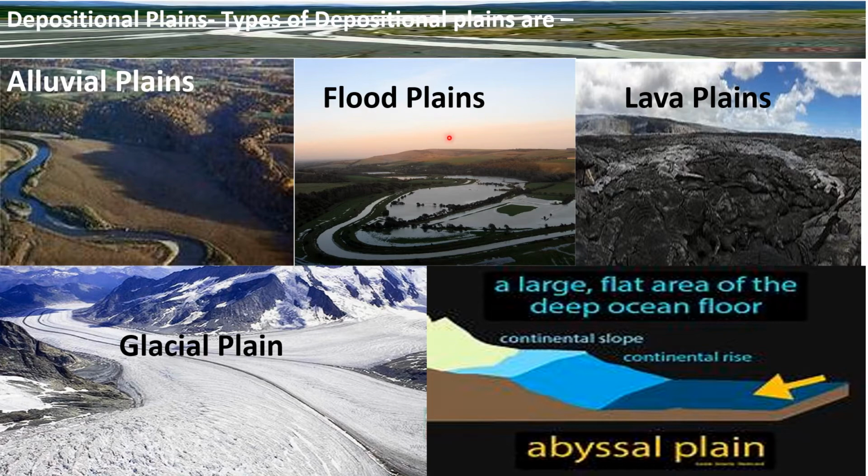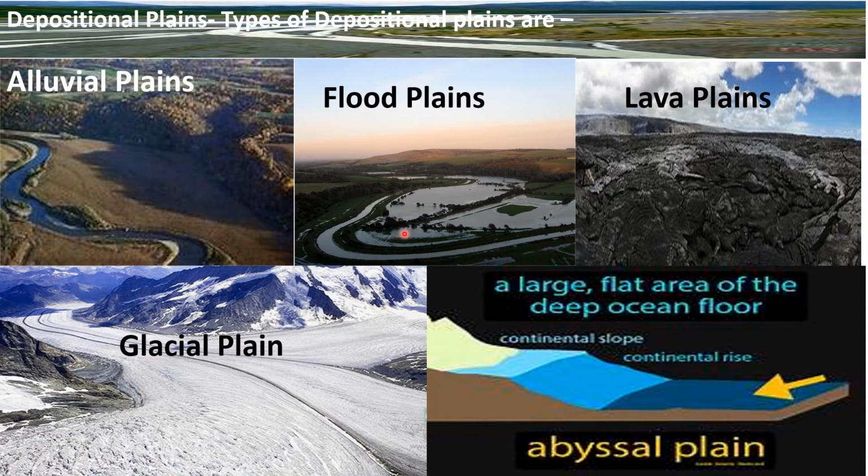Second is floodplain. These are adjacent to a stream. Adjacent means near to the stream, river, lake, or wetland, and experience occasional or periodic flooding. Means floods are very common here.